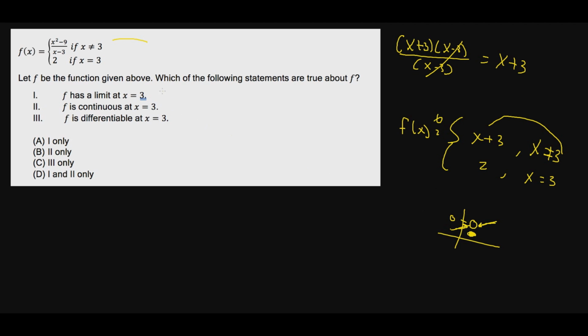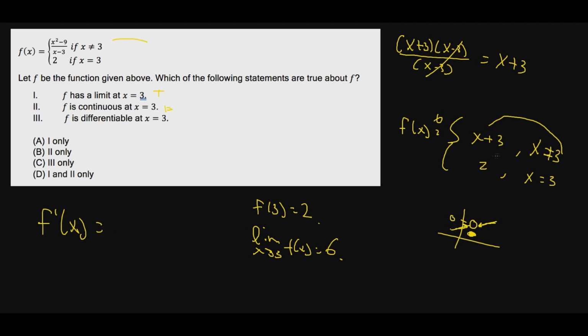So we know this is to be true. Well, is f continuous? Well, the limit is true. Well, does the point exist? Well, f of 3 is 2. Well, the limit as x approaches 3, we just literally talked about this, is 6. Since they are not equal to each other, we know it's not continuous. That is false. Good.